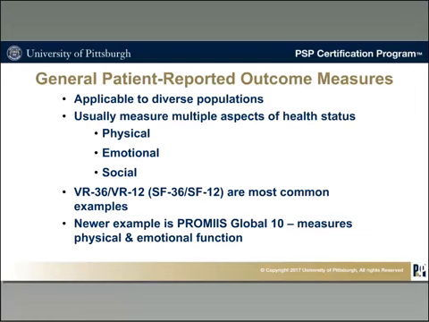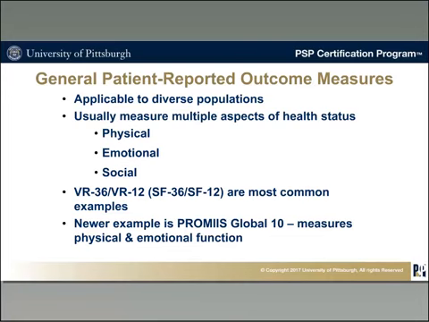That is, you could use it for somebody with low back pain, neck pain, shoulder pain, a cardiovascular condition, a neurological or neuromuscular condition. So the same measure would be applicable to all of those patient populations.